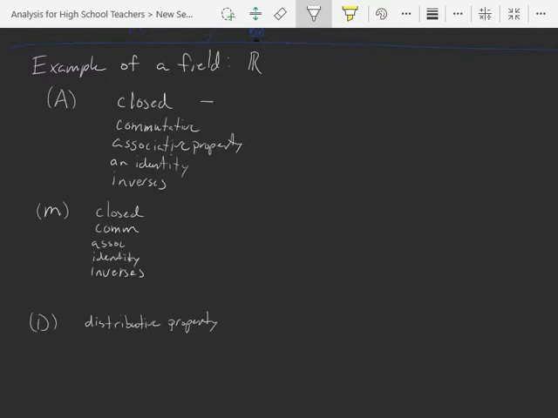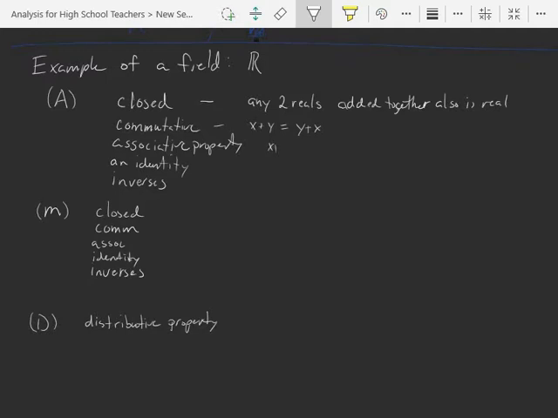So it's closed. Any two real numbers added together also is real. Commutative, x plus y equals y plus x.